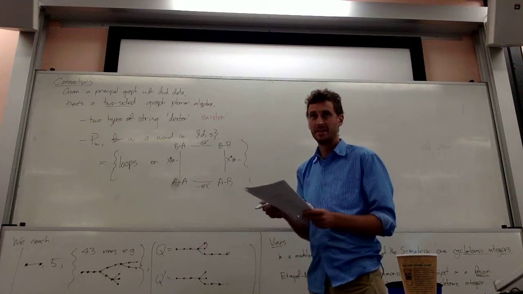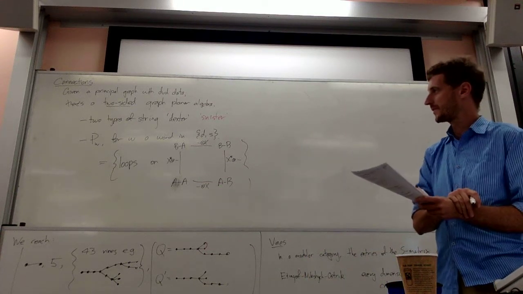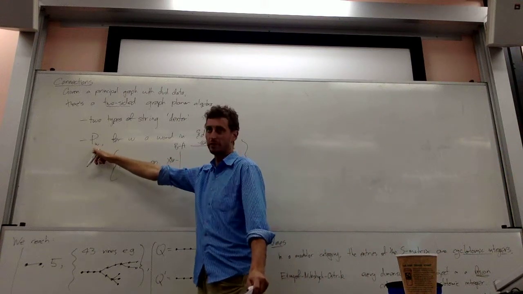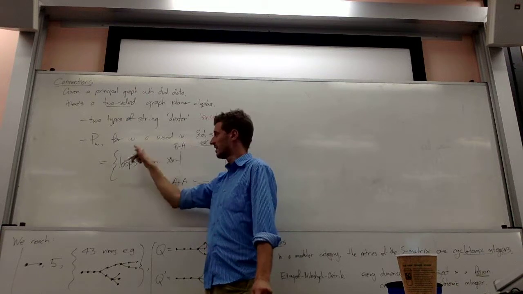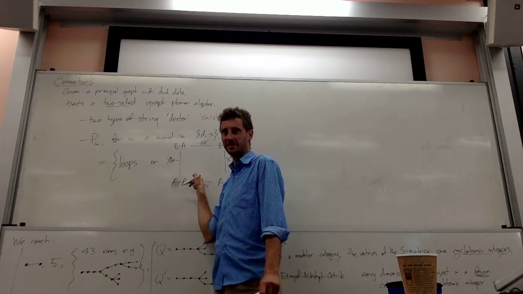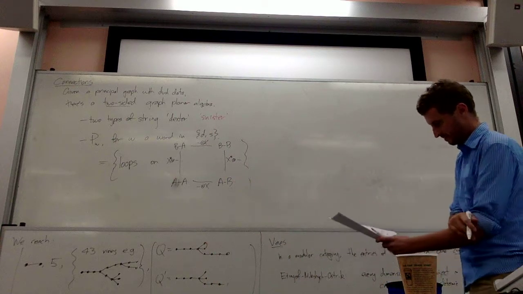So do you have a two-sided graph planar algebra? Do you have a series of vector spaces which are indexed by? Yeah. So for each word in D and S, there's some vector space here, and now I'm defining what that vector space is. Do you need a plus and a minus? That's a good question.